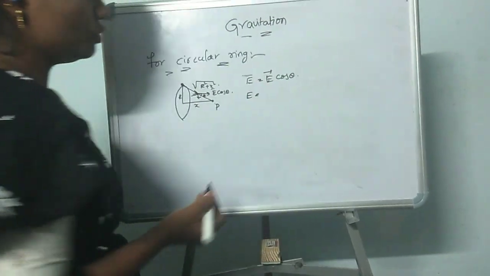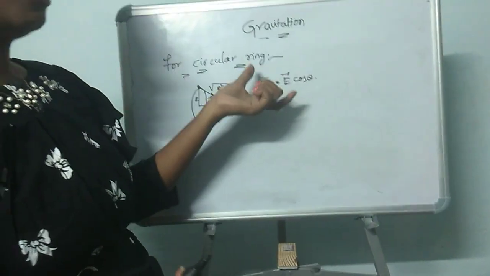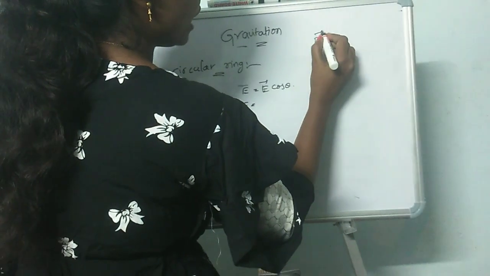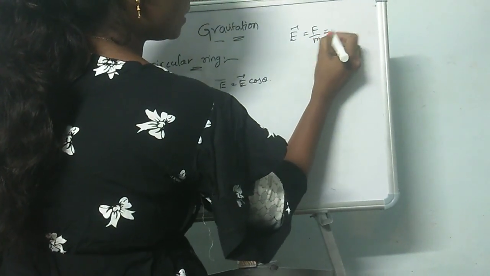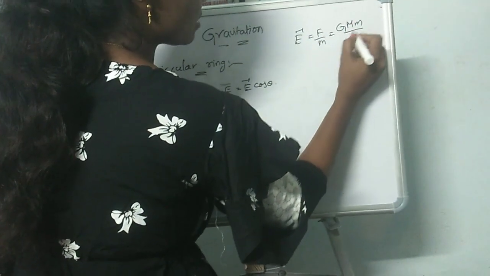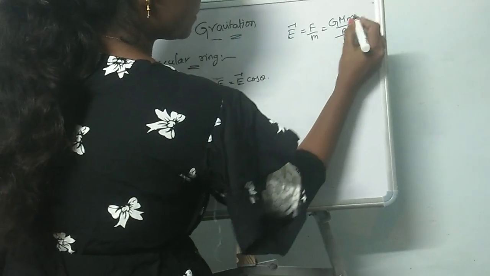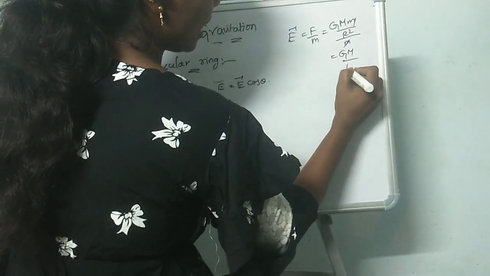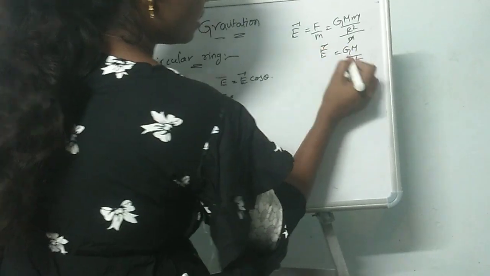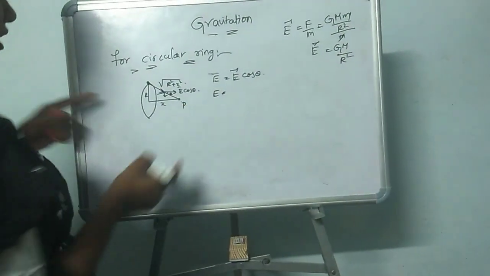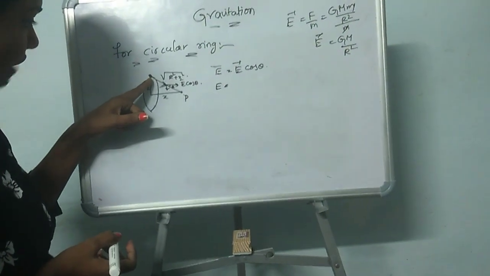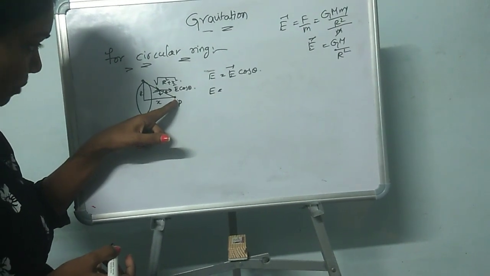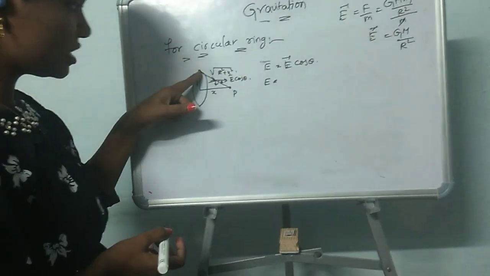Then actually we can write E bar equal to F by m, then G m m by R square by m, that equals G m by R square, where R is the radius. So in this we can find the intensity at point P from the middle of the circular ring.